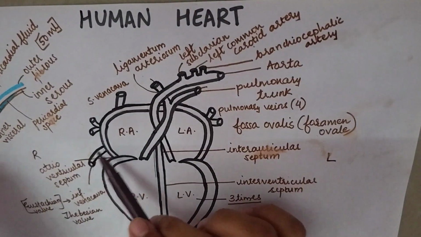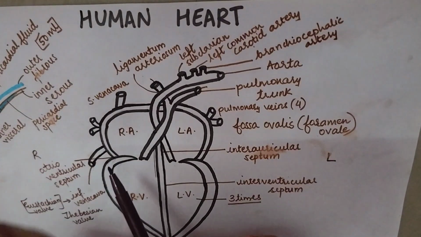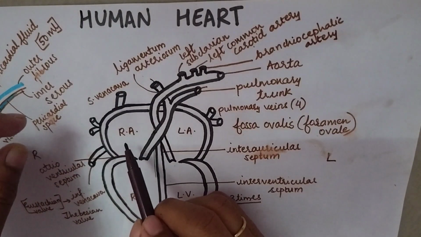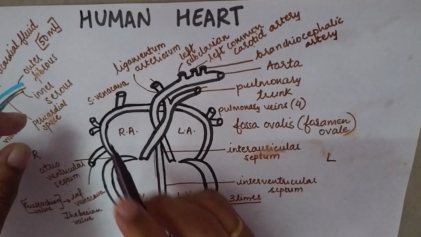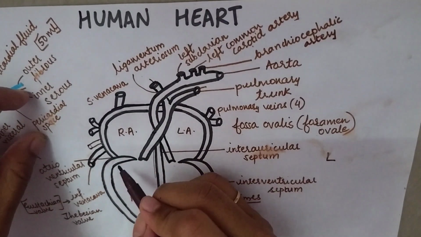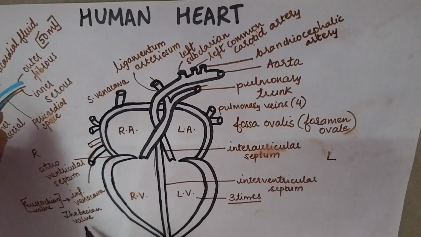There is a valve present in the inferior vena cava. This is the Eustachian valve. Remember the names. Inferior vena cava has a valve which is the Eustachian valve. Similarly, as I said earlier, there is one more opening, that is the coronary sinus, which brings blood into the right atrium. This coronary sinus also has an opening and it has a valve, that is the Thebesian valve.